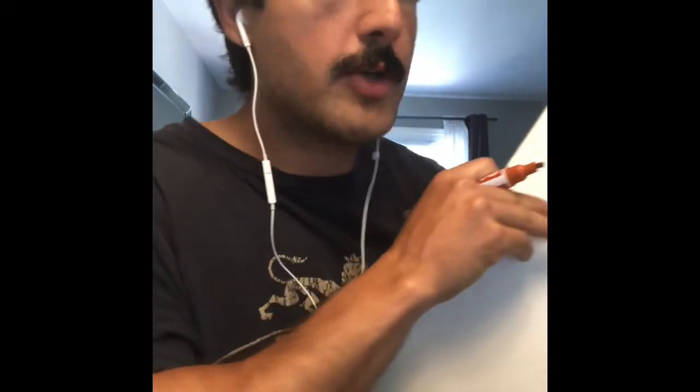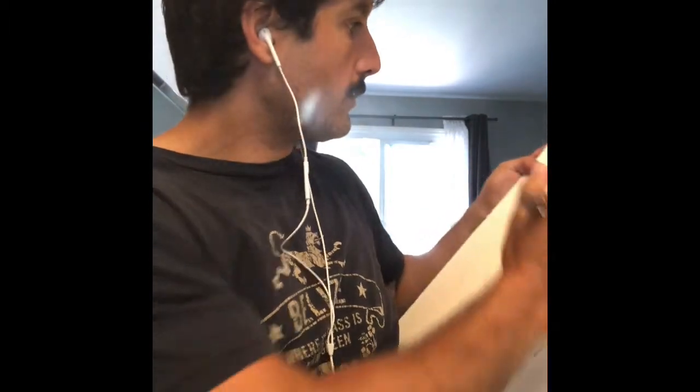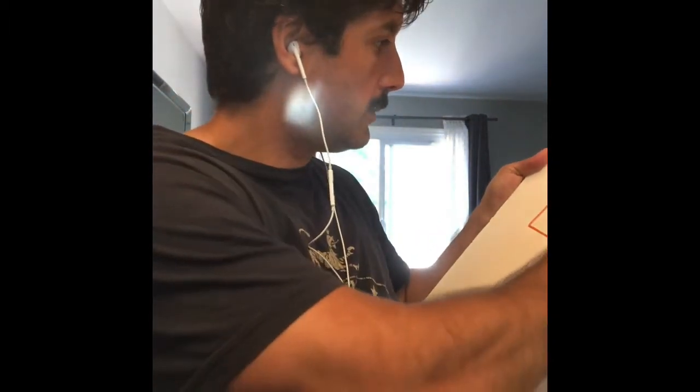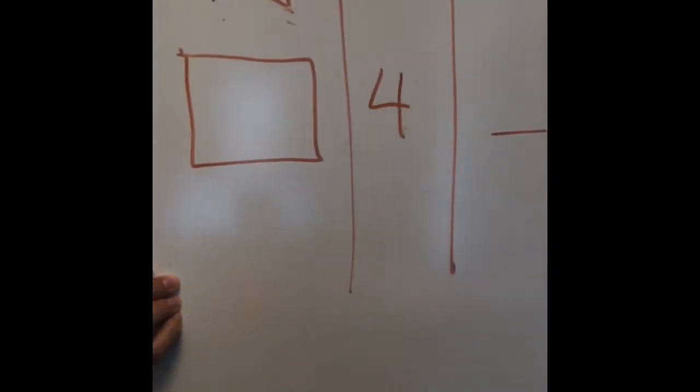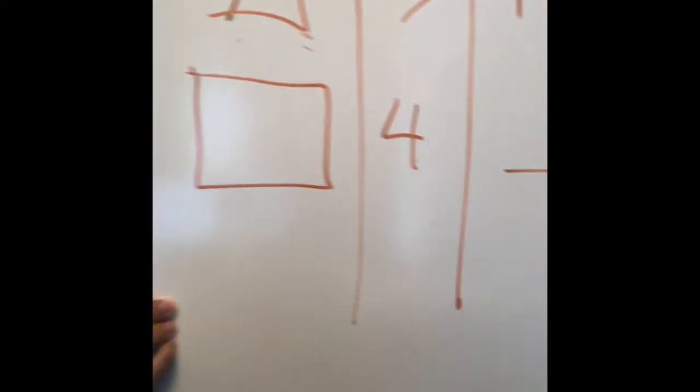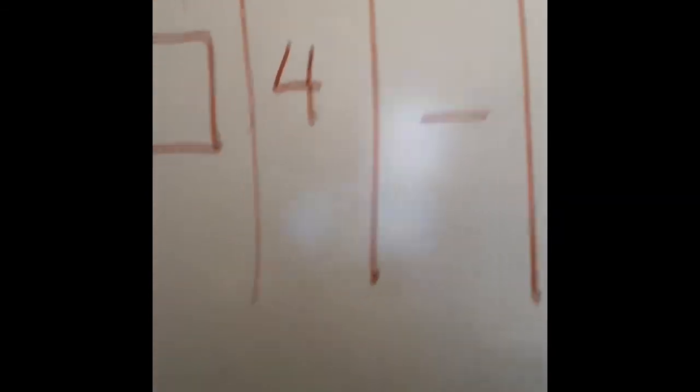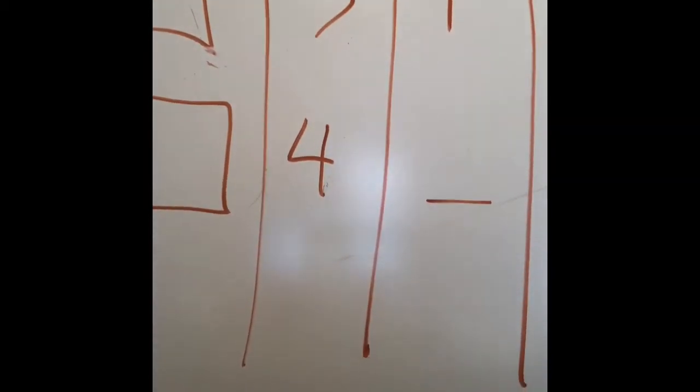Now, quadrilateral. Example of a quadrilateral. Okay, 4-sided. Here's where we're at. You've got a square or a quadrilateral, 4-sided. We need to figure out the number of triangles and then the interior angles.